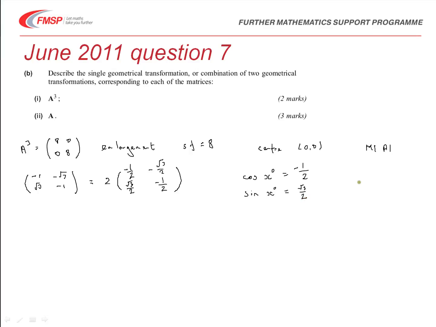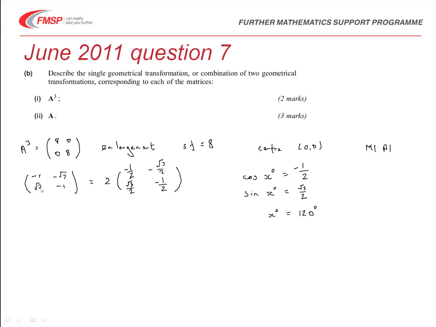And so we know that on our cosine graph, for these two things to be true, the angle must lie between 90 and 180, and the angle for which that is true is 120 degrees. Okay, and since that's positive, we know that's in an anti-clockwise direction.